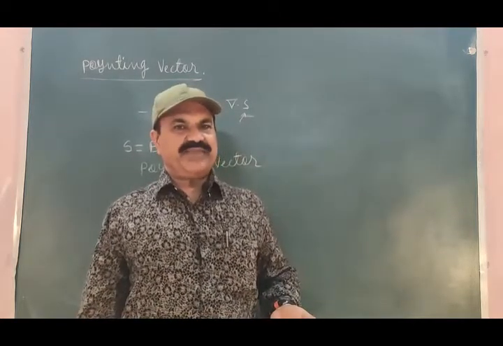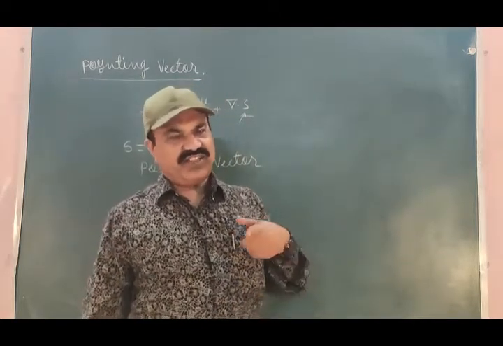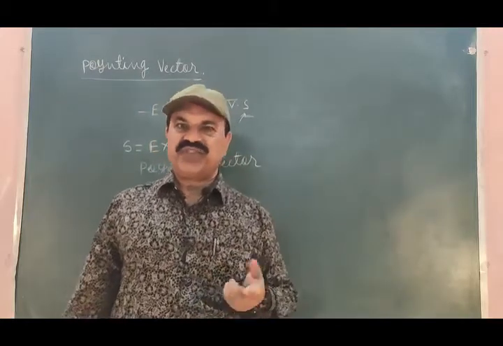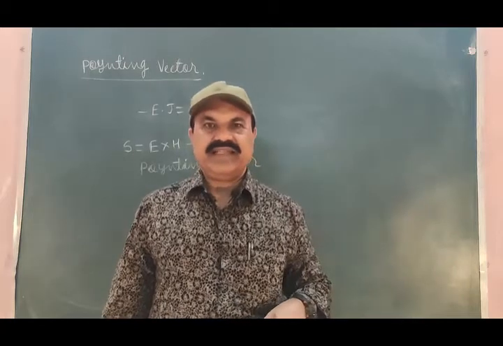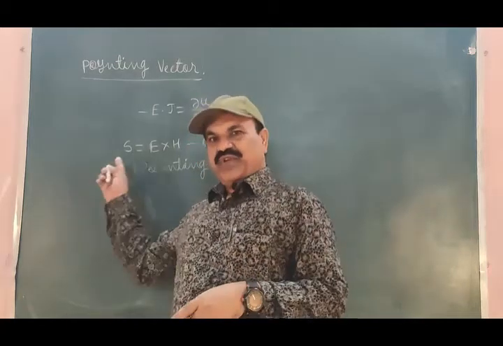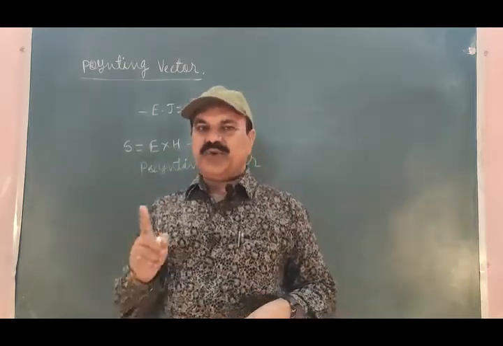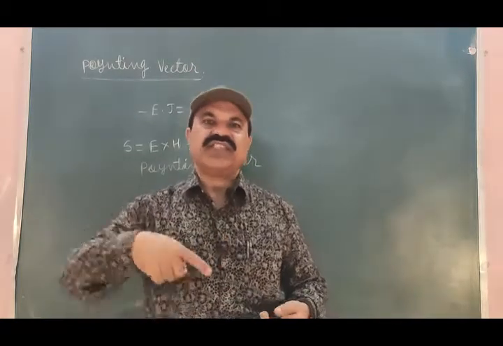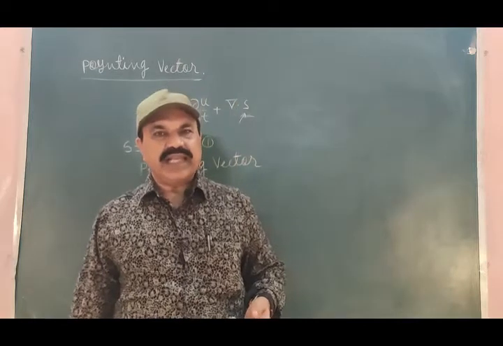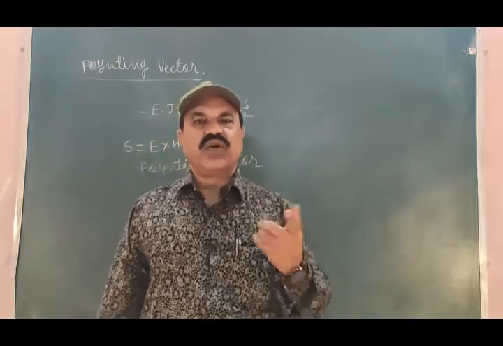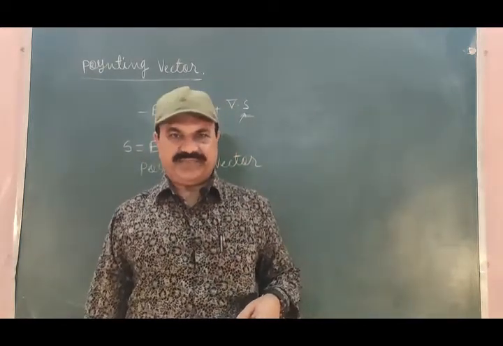E cross H is always along the direction of propagation of this light energy. It means that E cross H, which we call Poynting vector, is always along the direction of propagation of the electromagnetic energy or of the light energy.